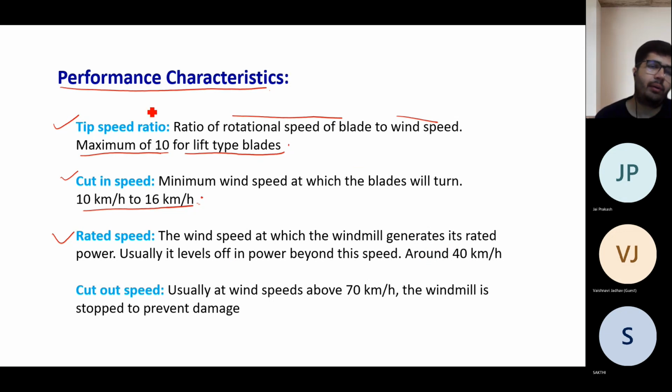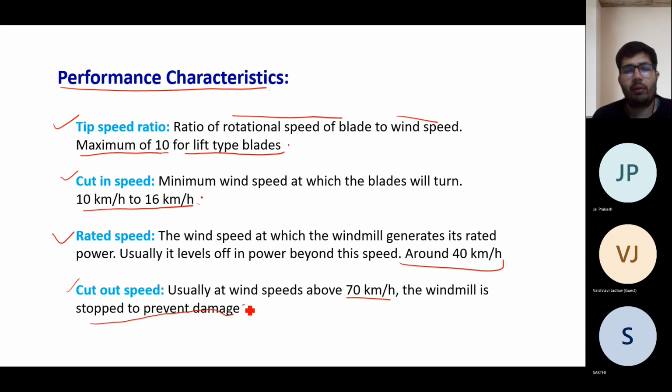If you're designing a wind turbine, there will be a rated power, the maximum power that can be generated from that particular turbine. Beyond this, you cannot generate more power. It's around 40 km per hour wind speed. The cutout speed is usually at wind speeds above 70 km per hour, when the windmill is stopped to prevent damage.